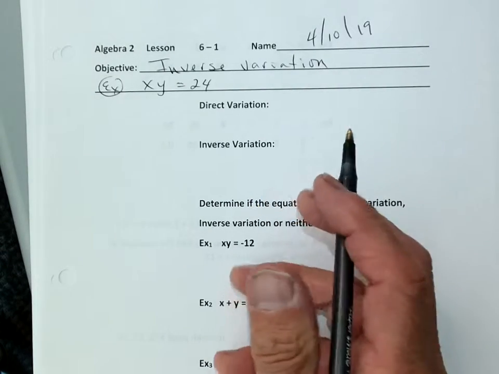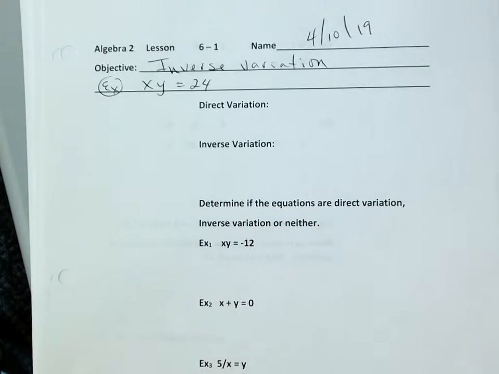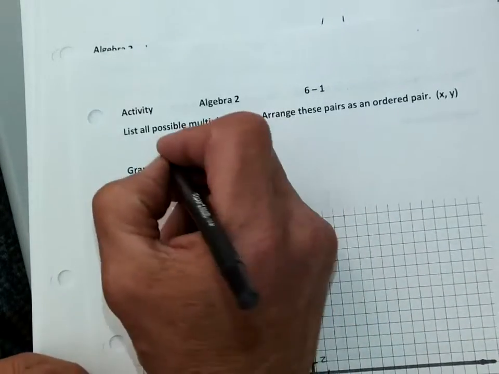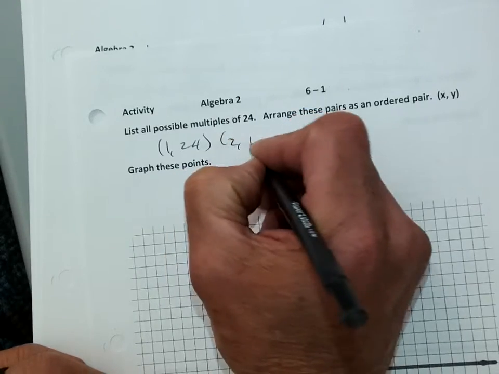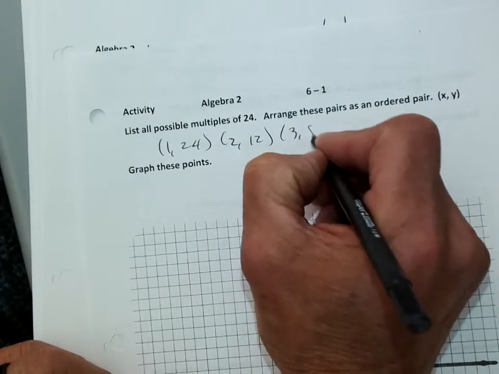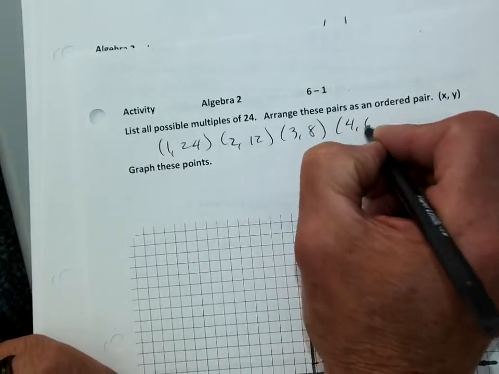Because if you looked at the points from our sheet, we just got done doing this, we had points 1, 24, 2, 12, 3, 8, 4, 6.